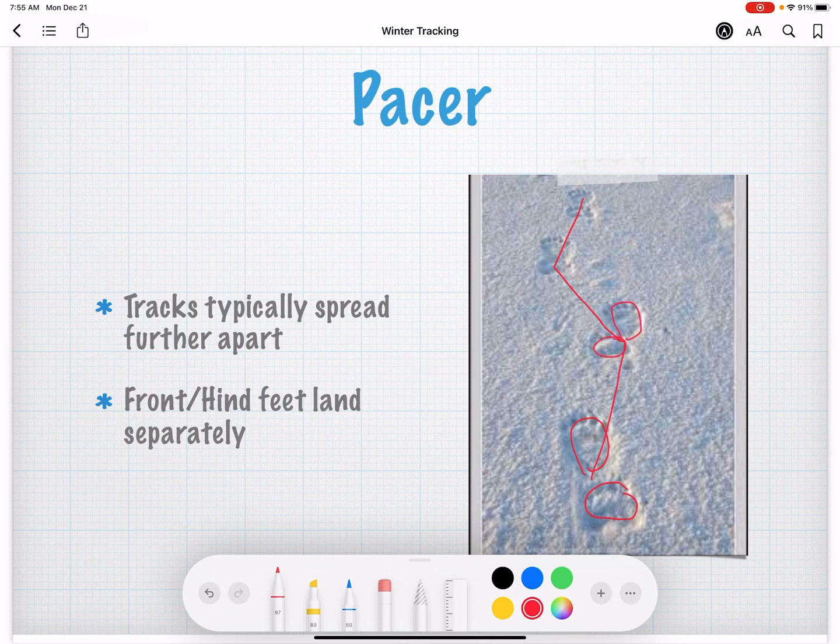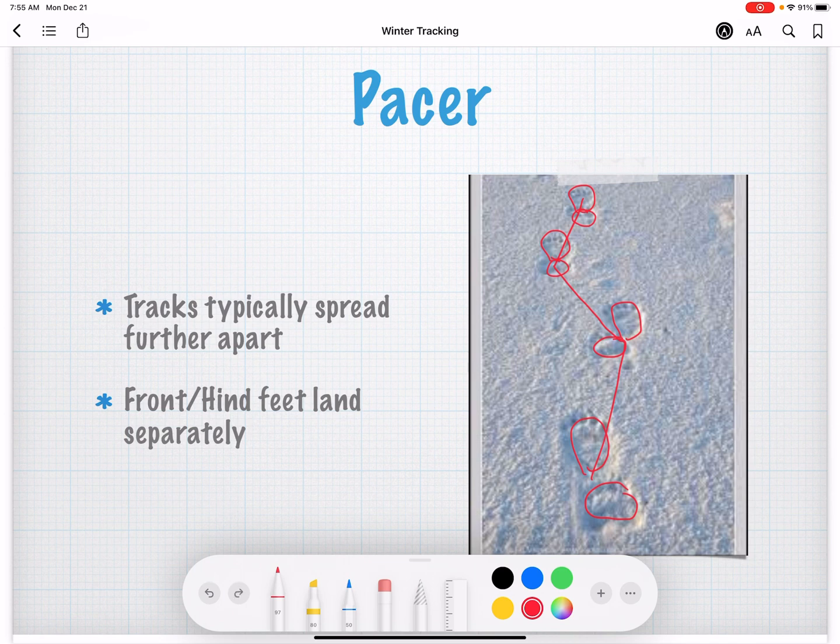Front paw, hind paw, right? Front paw, hind paw. That pattern is classic of a pacer, okay? That's not quite as efficient as direct register, and the hind foot is landing just ahead of that front foot, but still in a diagonal pattern, and we call that a pacing style of walk. And we see that with a few different species in Maine.